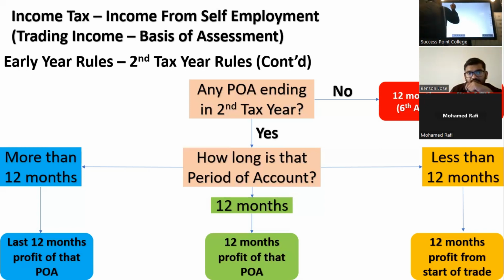Let's suppose he prepares accounts on 30th June 2020. And this is an 18 months period, let me tell you. You can calculate that January 19th, 30th June, 18 months period. So let's suppose the profit for these 18 months are 90,000 pounds.